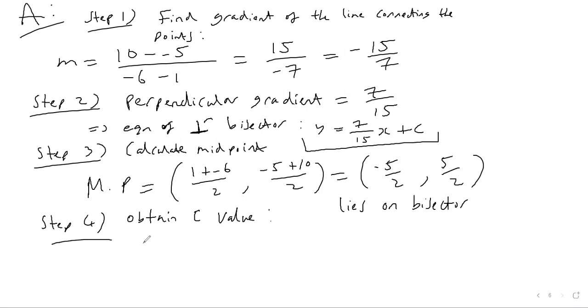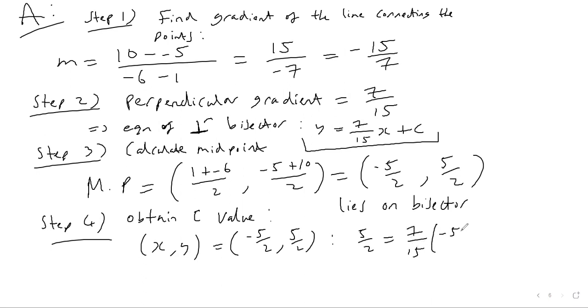So just substitute x, y equal to -5/2 and 5/2 into our formula. So using this equation there, we get 5/2 equals 7/15 times -5/2 plus c.